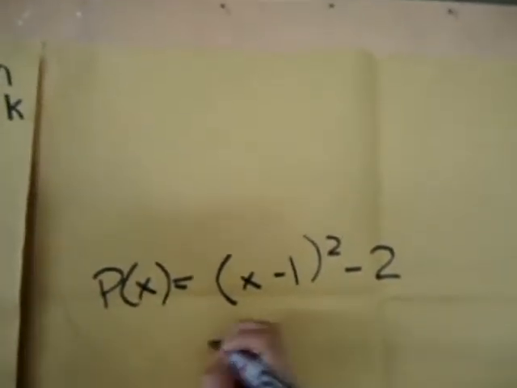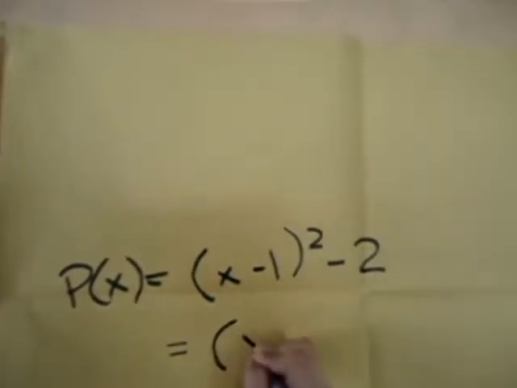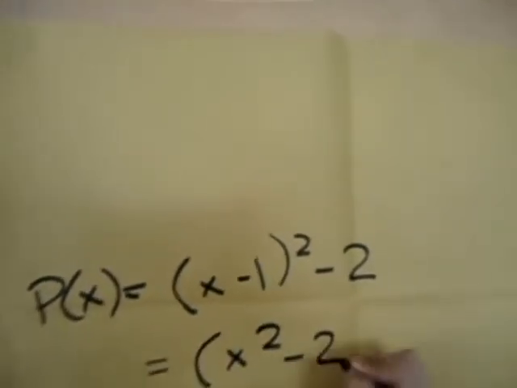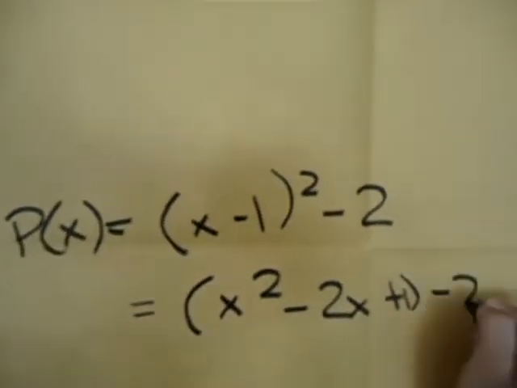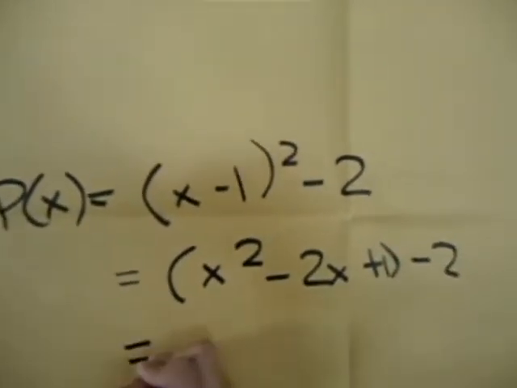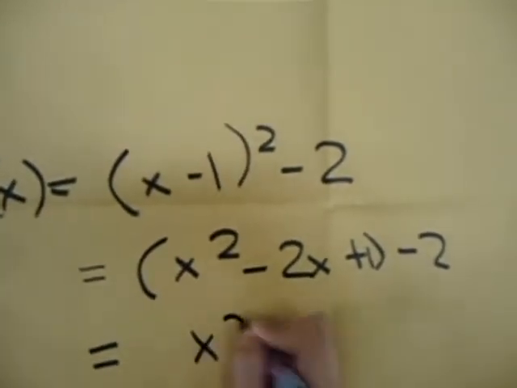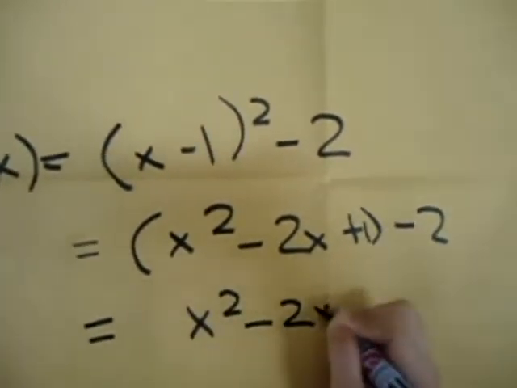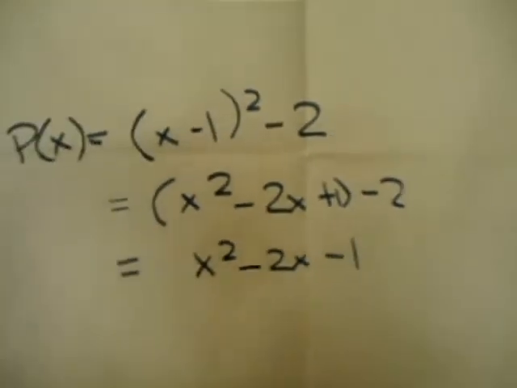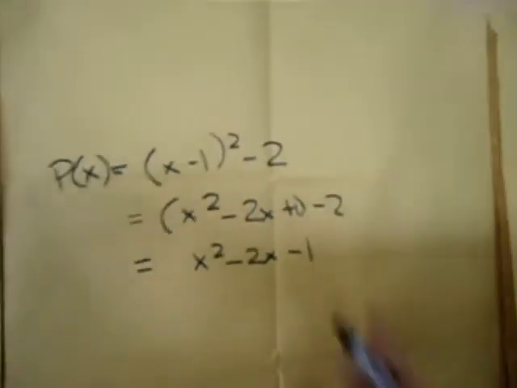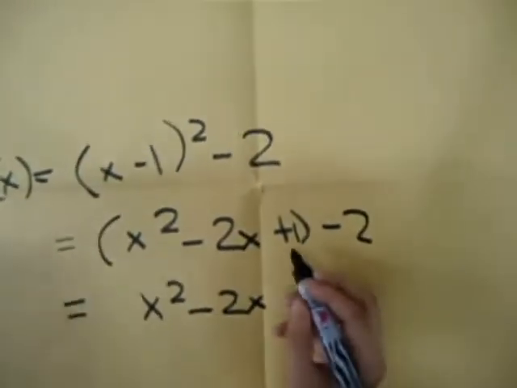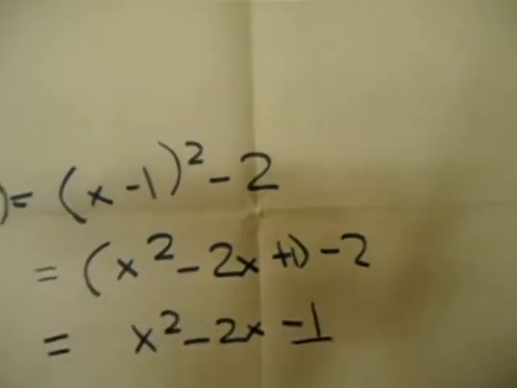So it will become x squared minus 2x plus 1 minus 2. So the final answer is x squared minus 2x minus 1. We get negative 1 because of 1 minus 2.